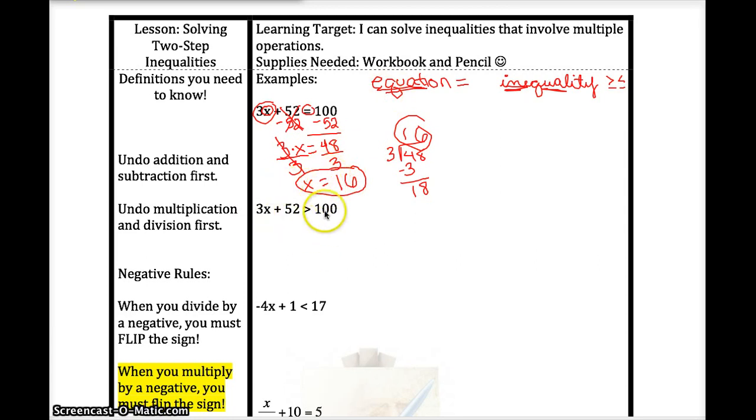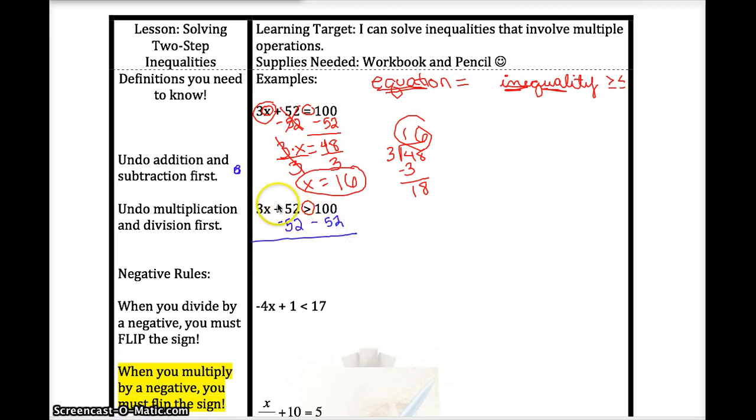Now, here are those same exact numbers as up here, only instead of the equal sign, there is a greater than sign. So I'm going to do my inequality in purple. And we still do the same thing. We undo the addition and subtraction first. So undoing adding 52 is subtracting 52 from both sides, just like in an equation.